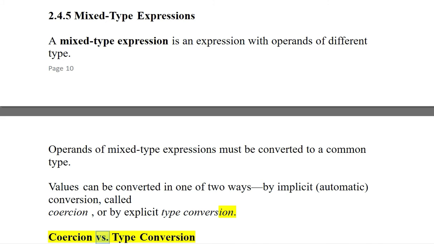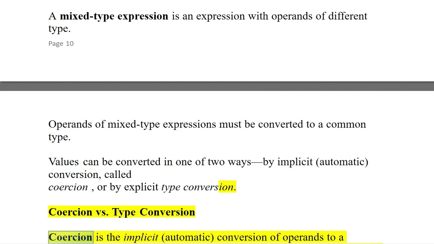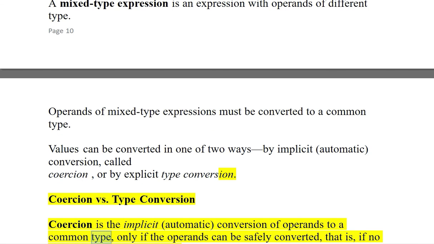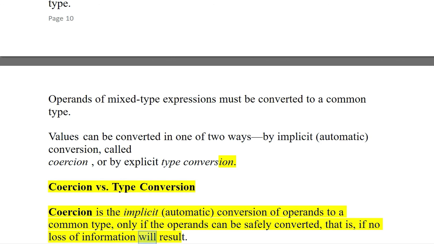Coercion versus type conversion. Coercion is the implicit, automatic conversion of operands to a common type, only if the operands can be safely converted, that is, if no loss of information will result.